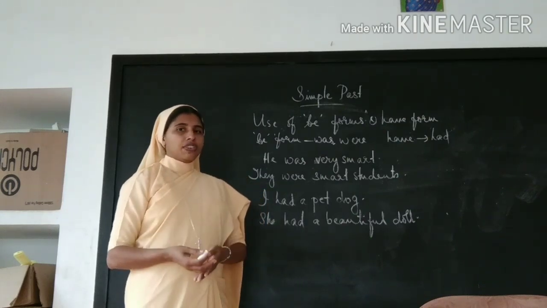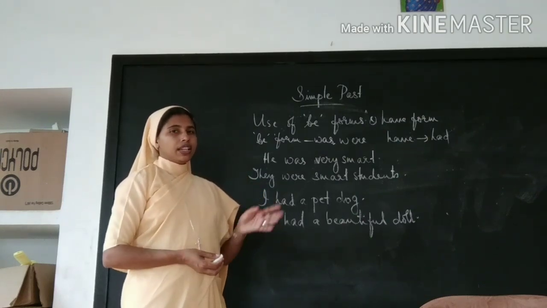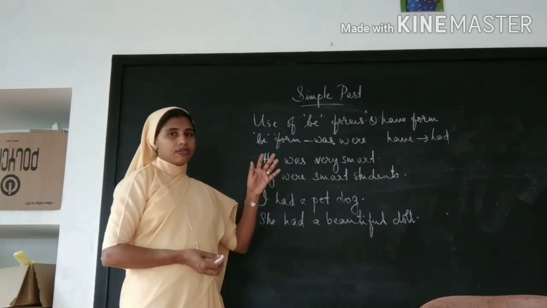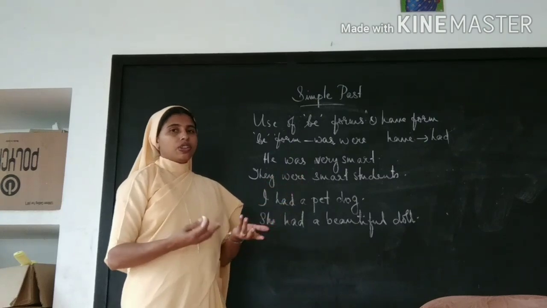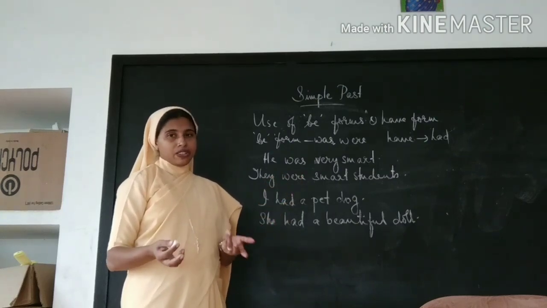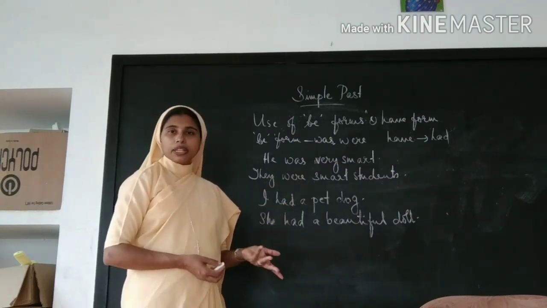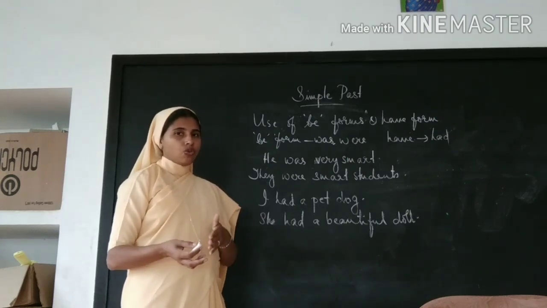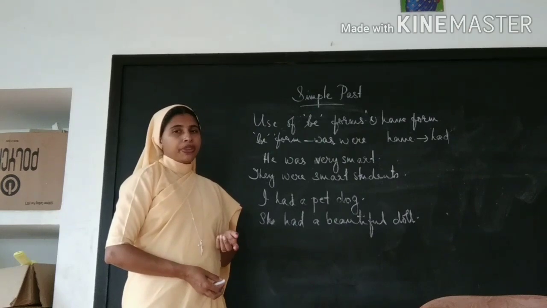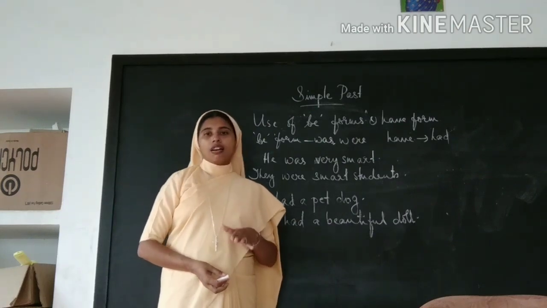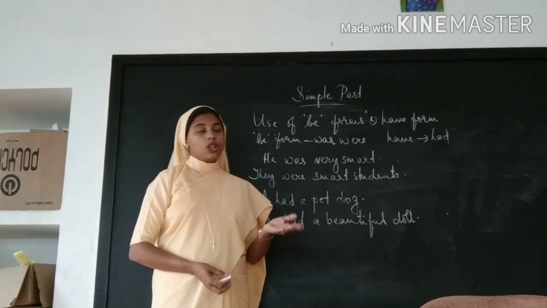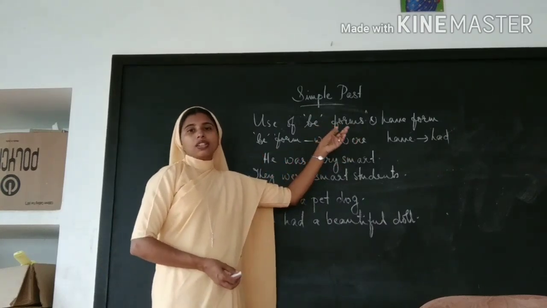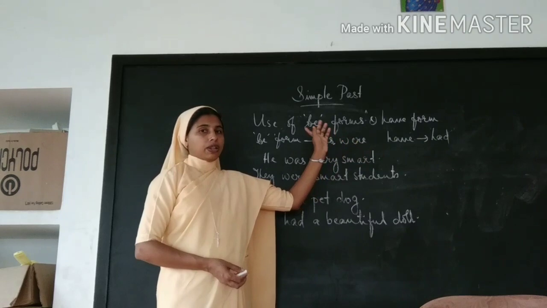Which is the equivalent that can be used as the main verb or be form in simple past tense? You know what is the past form of is? It's was. And the past of are is were. So was and were are the be forms that are used as the main verb in simple past.